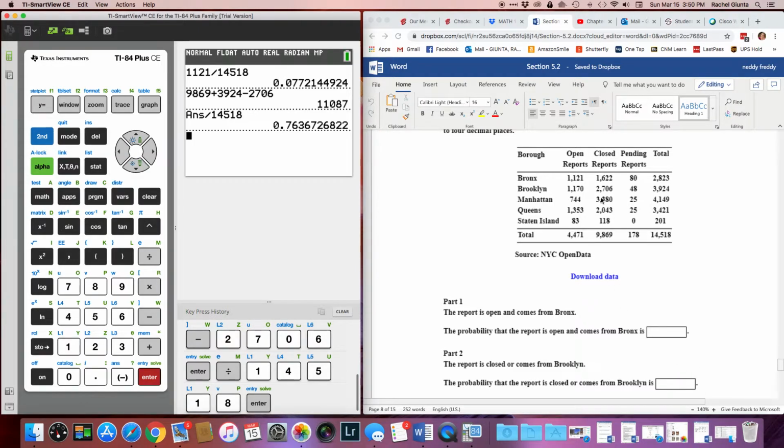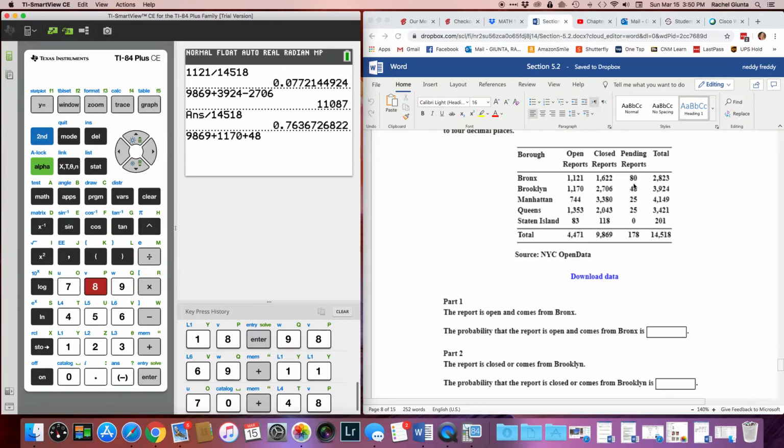The other way we could have gotten there is taking this total, 9869, and then adding to it all the Brooklyn reports that we haven't already counted, which is this 1170 and the 48 pending reports.